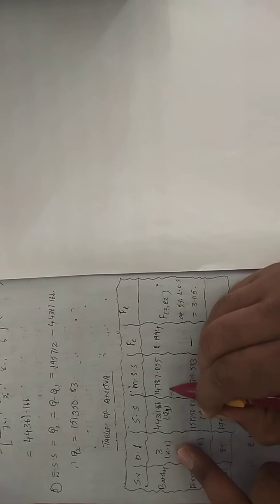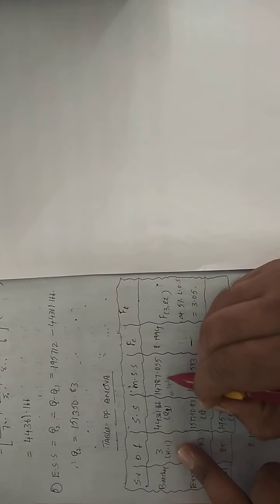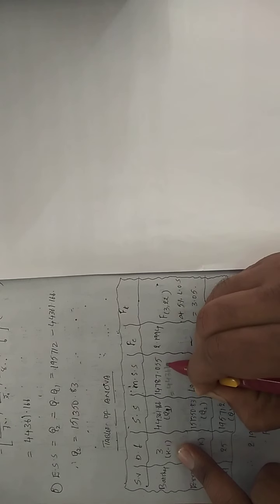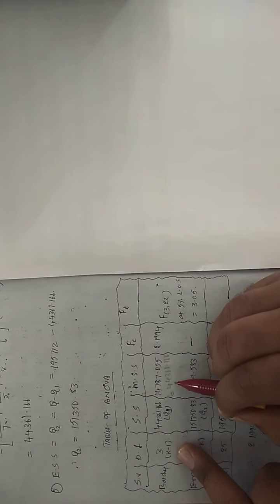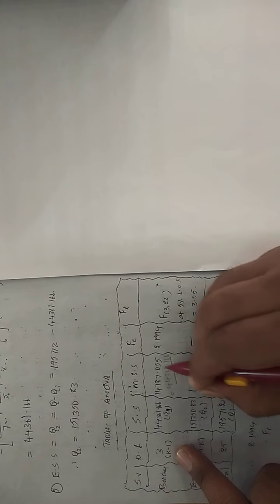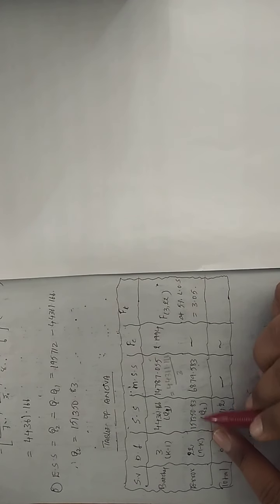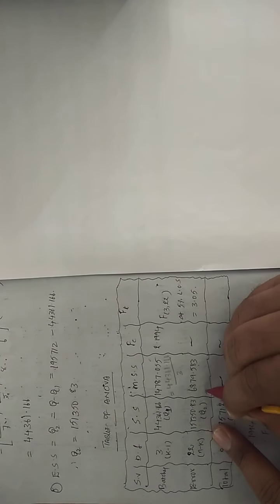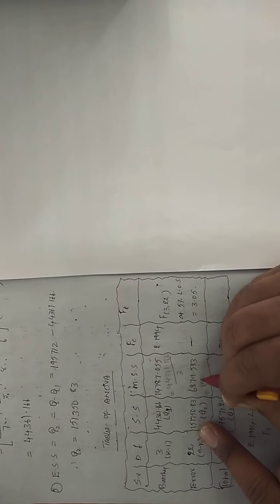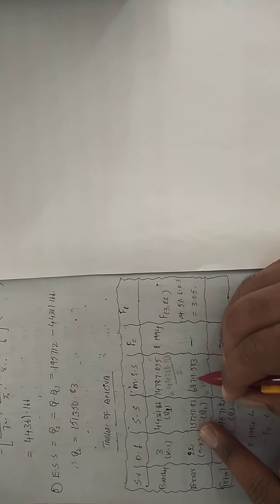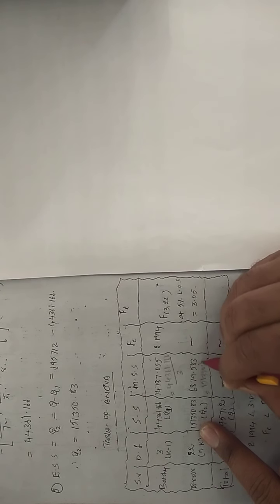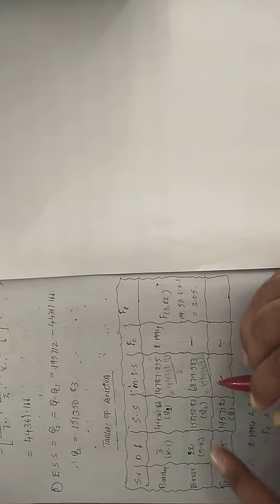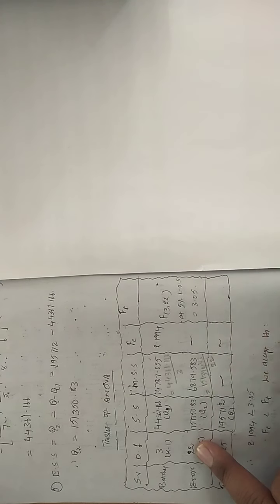So that is equal to what you get? 44361.16 whole divided by 3. You get this value. Same way, how to get this value? Nothing but 151,350.83 whole divided by what is this value? 22.